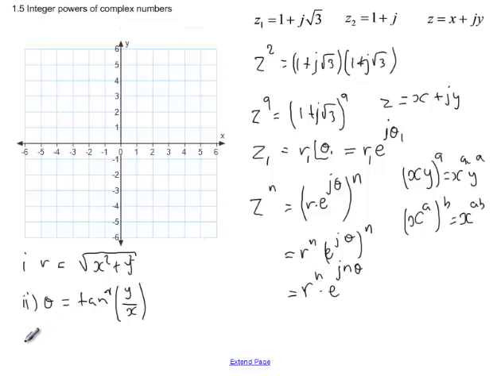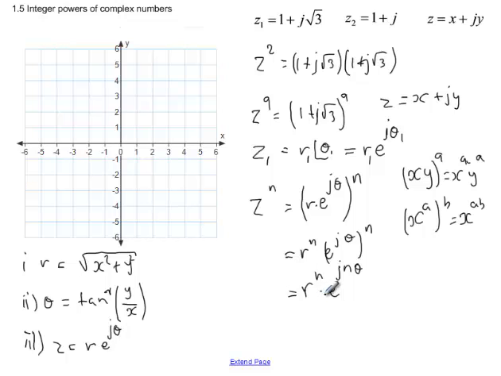Then step number 3 is now to express my z in terms of r, e, j, theta. Then after that, I can elevate my number to any power, and we see what we are supposed to do here.